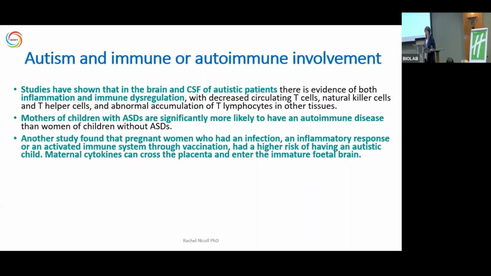Pregnant women who had an infection, an inflammatory response, or an activated immune system through vaccination had a higher risk of having an autistic child. Maternal cytokines can cross the placenta and enter the immature fetal brain because the blood-brain barrier is not yet in place in the fetus. And about transport of toxins across the blood-brain barrier, same thing.